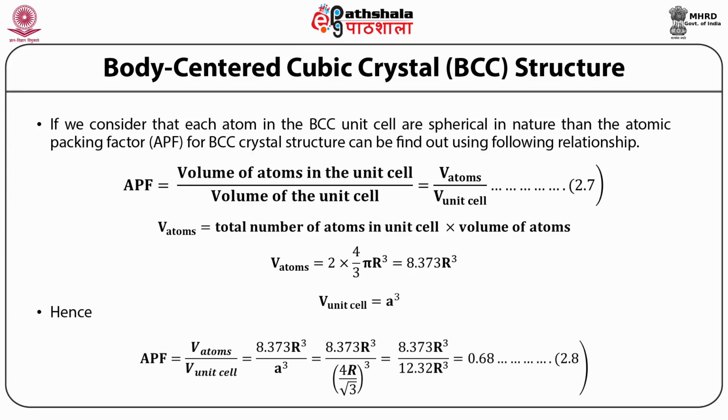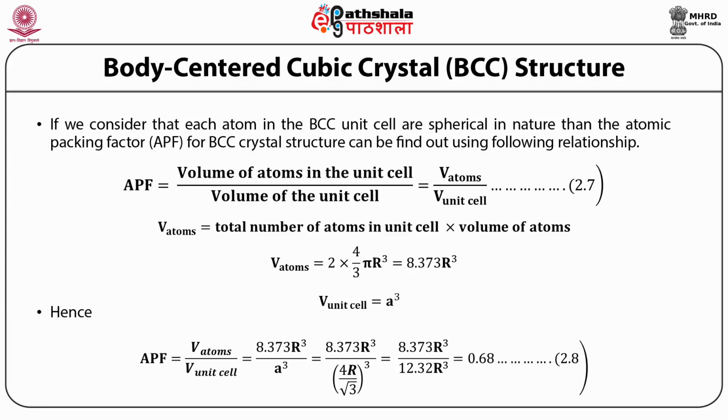Hence, APF is equal to V atoms by V unit cell, which is equal to 8.373 r³ divided by a³, and after putting the value of a, that is 4r by root 3 the whole cube, it is equal to 0.68.